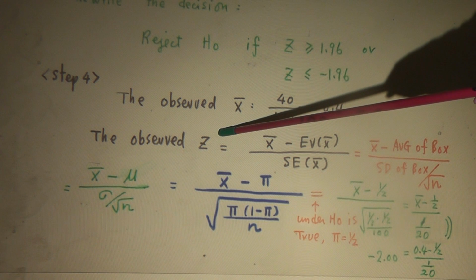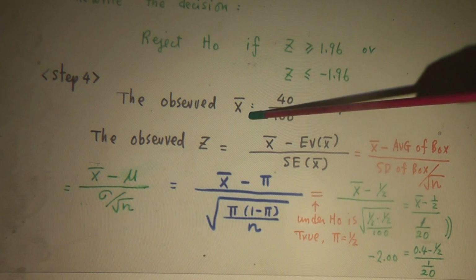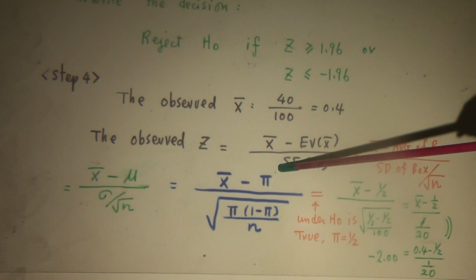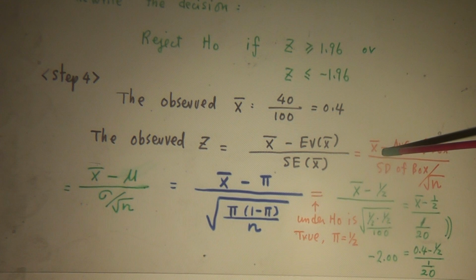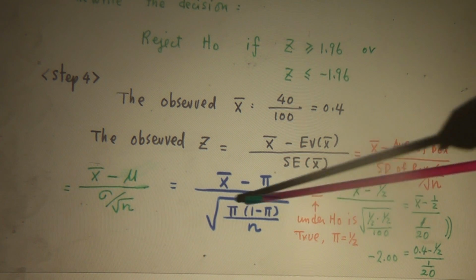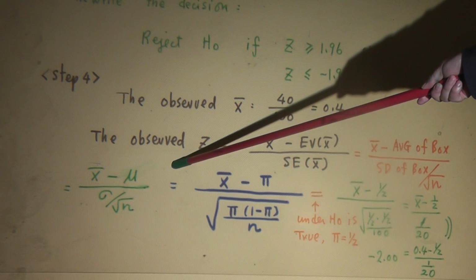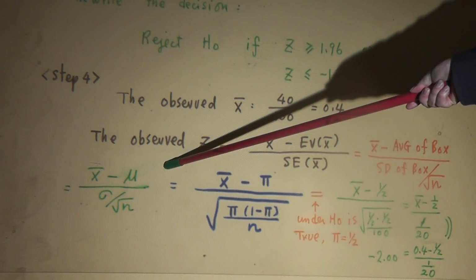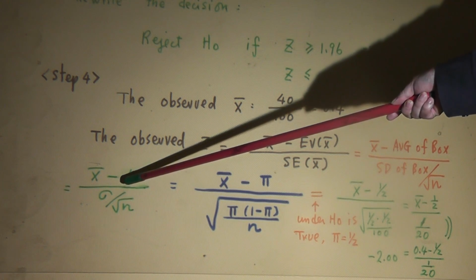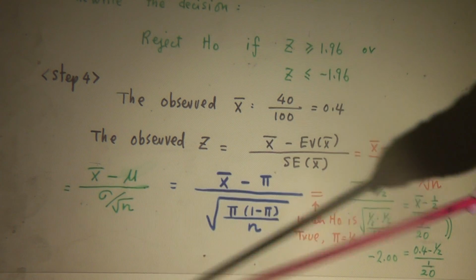And what is the observed Z-score? The observed Z-score is obtained by standardizing X bar: X bar minus EV X bar over SE X bar. Or you can say this is X bar minus the average of the box, divided by the standard deviation of the box over square root n. Or I can write this as X bar minus the population mean, over the population standard deviation sigma divided by the square root of the sample size.